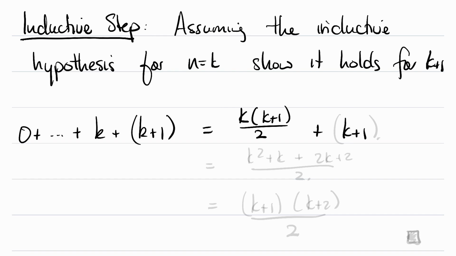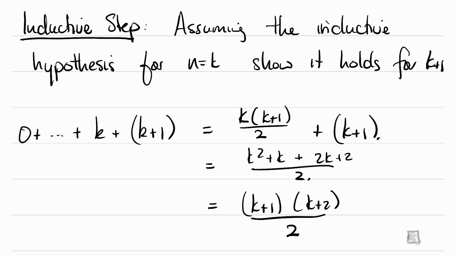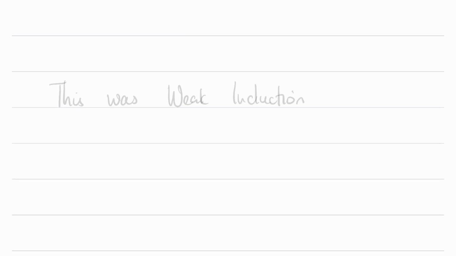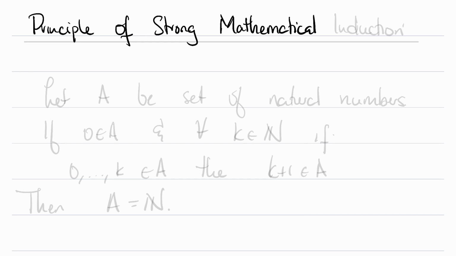From here, it's just algebraic manipulation. This is going to be (k squared plus k plus 2k plus 2) over 2, which turns out to be (k plus 1)(k plus 2) over 2. And with these three parts of our inductive argument, we have proved the statement for all n. This is the induction that you're probably used to. This is weak induction.